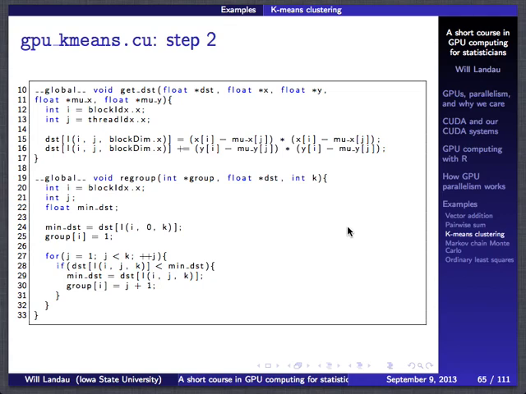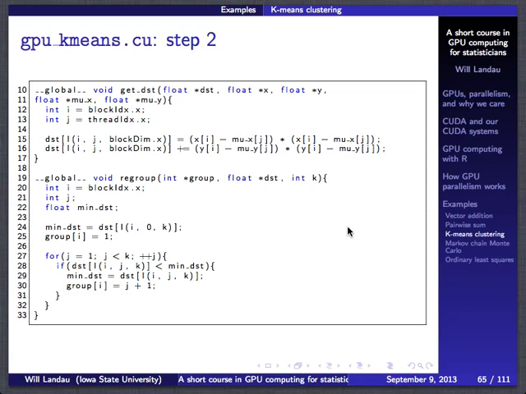Now what I could have done is call the function syncthreads right here, and then move on to compute the nearest cluster center once I had those distances. I decided to separate this step 2 into kernels. Compute the distances, getDist, and a function that I call regroup, which just takes those distances and reassigns cluster centers. So I call this with, let's see, multiple blocks, but only one thread.